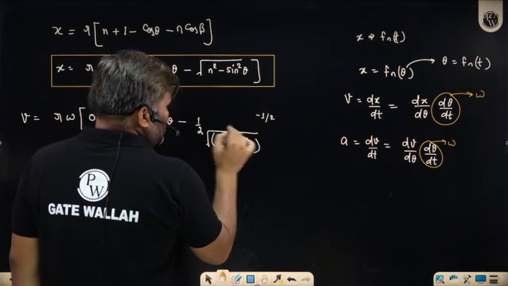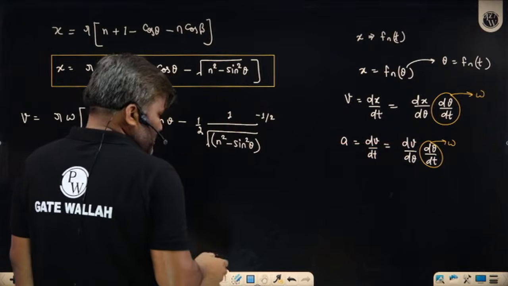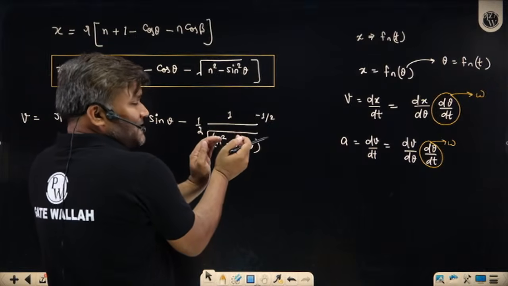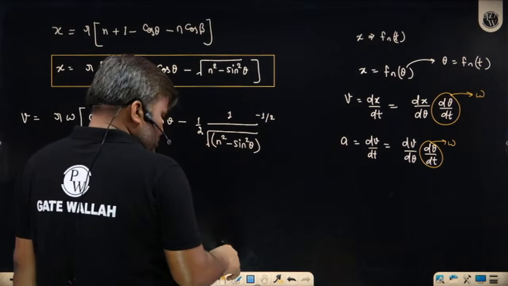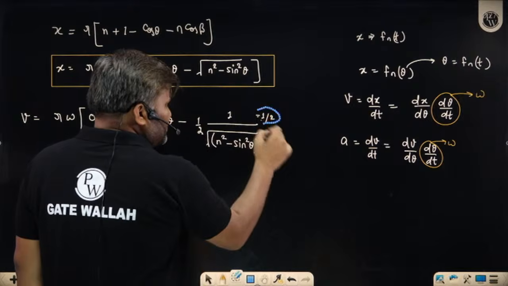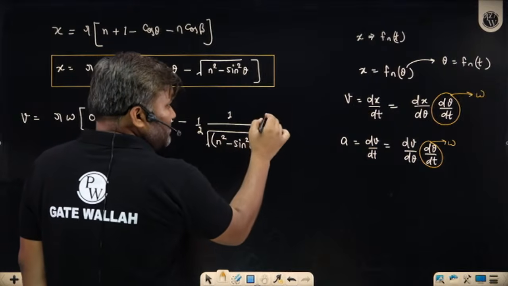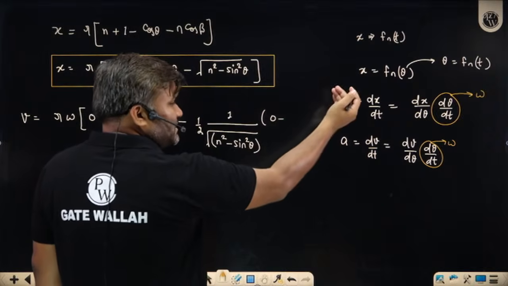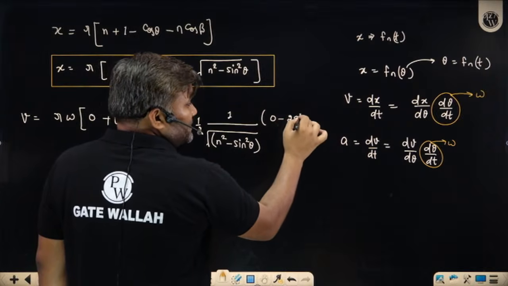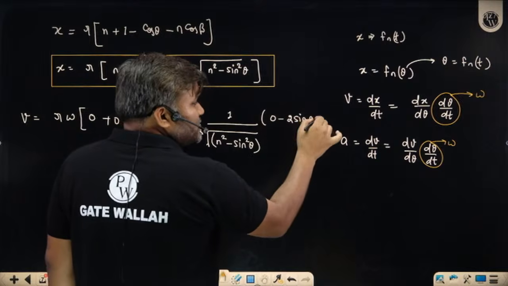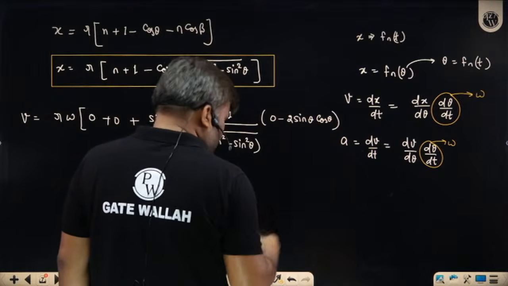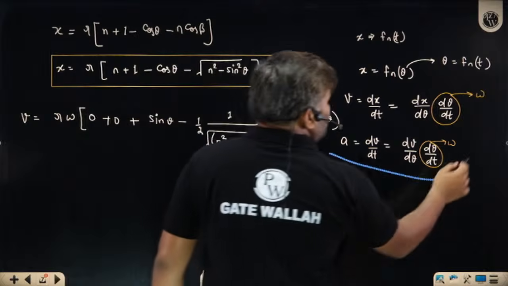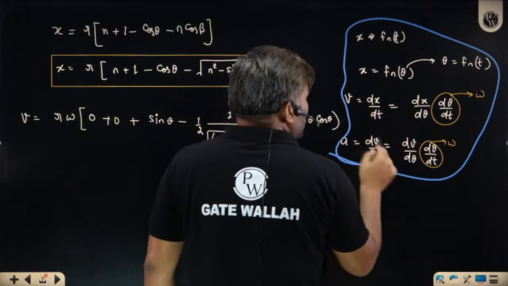This is 1 upon under root. And now this term is not exactly theta, it is something of theta, so differentiate this also. It becomes n square, differentiation 0, minus sin square theta, differentiation becomes 2 sin theta, and the differentiation of sin theta is cos theta. This is the simple differentiation which I have done.